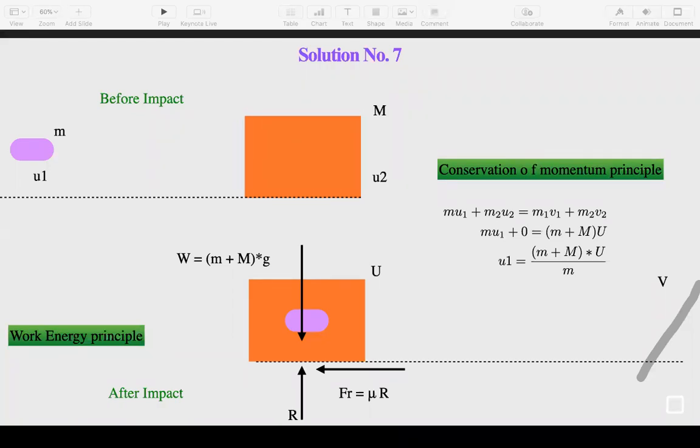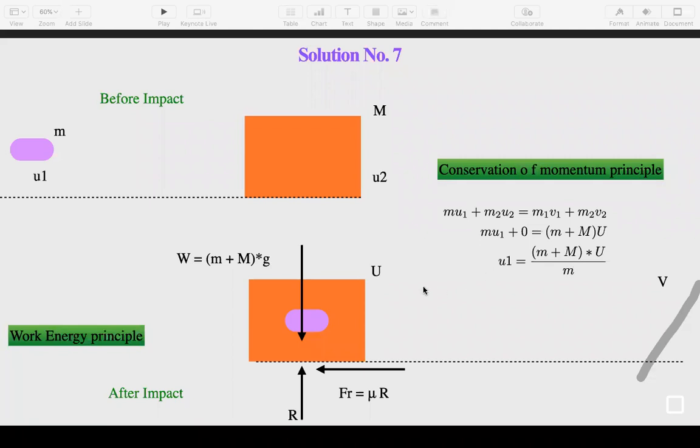So m1 u1 plus m2 u2 is equal to m1 v1 plus m2 v2. The wooden block's initial velocity is 0, and after impact we have given the velocity the nomenclature capital U. So u1 is equal to small m plus capital M into U divided by small m.